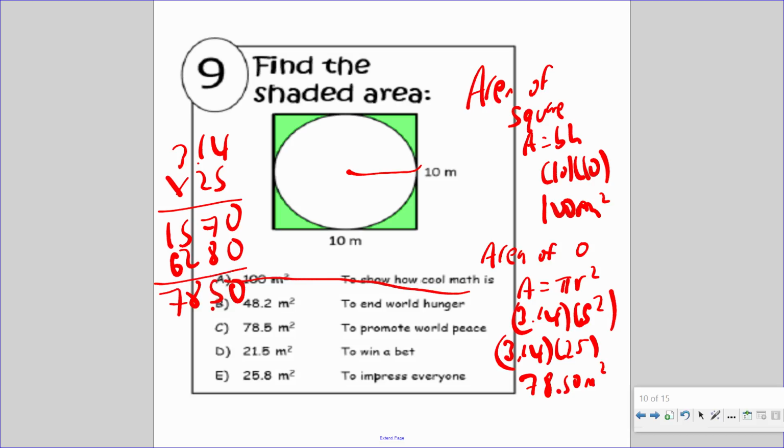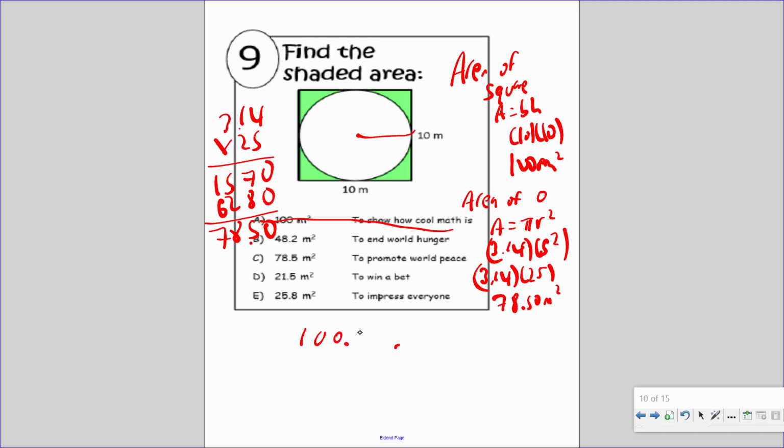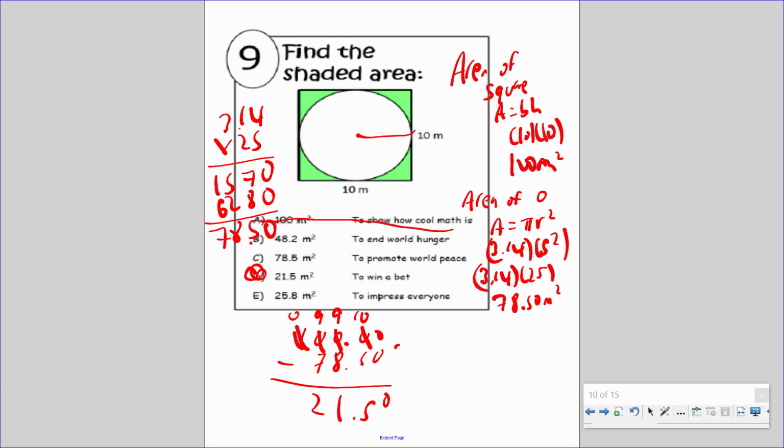So we need to cut out the circle from the area. We have to regroup. This becomes a 0. This becomes a 9. This becomes a 9. This becomes a 10. So 21.5. So it's D. So this is the area of a composite figure.